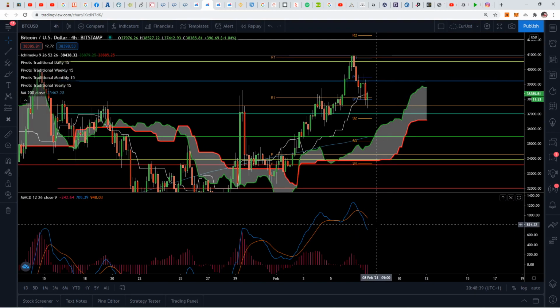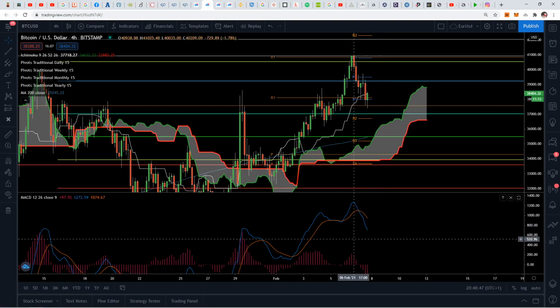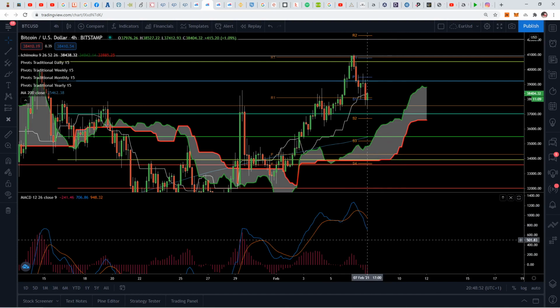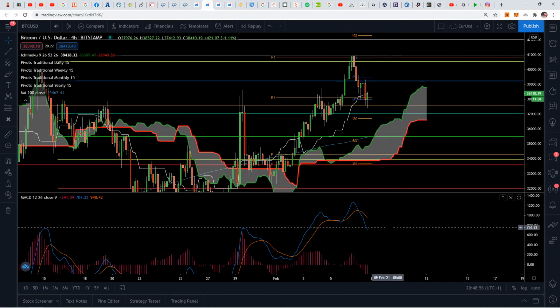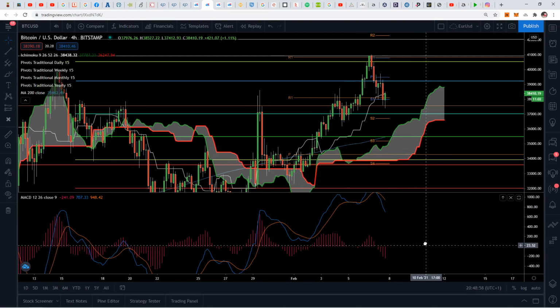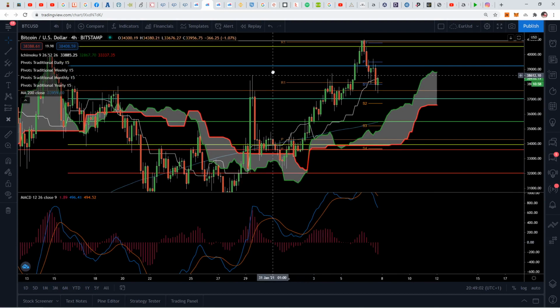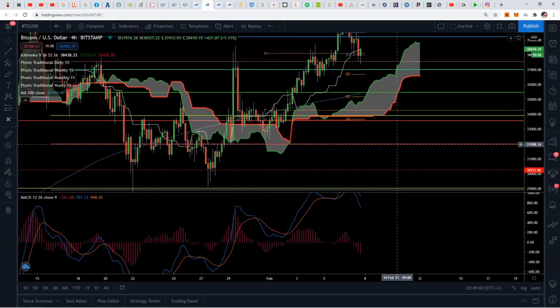So if you're even a little bit more long-term and have more patience, of course you can wait for the MACD to turn around, make a bottom here, and make its cross somewhere. But I was just going to show you how you can enter quite early if you want.